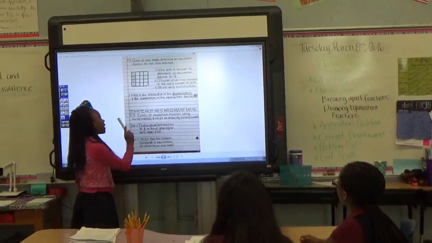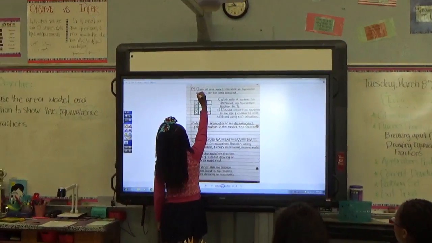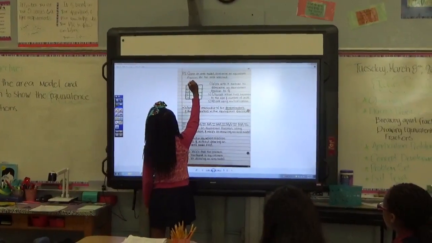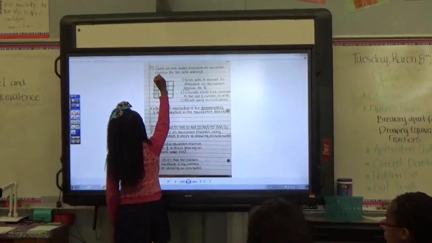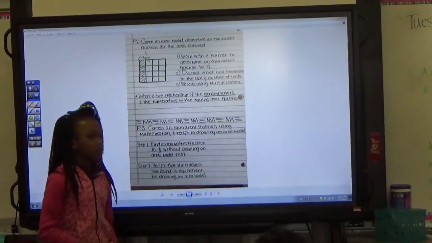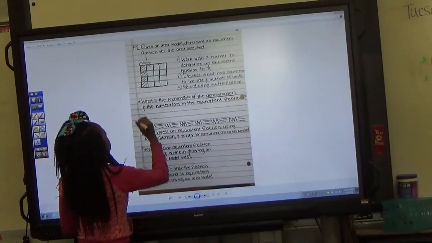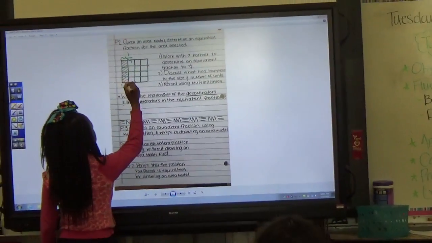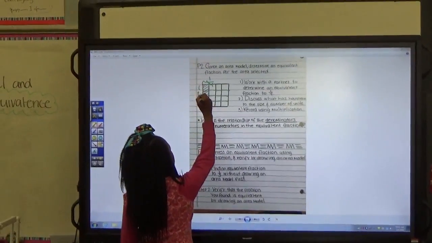We traced the lines that were already right there. So you start with 1/4 and decide to decompose your 4 into 4 rows. And when you did that, what happened, Angel?